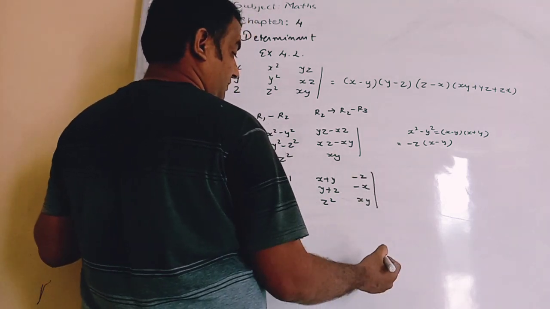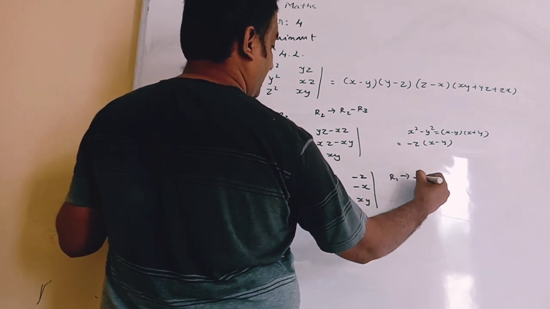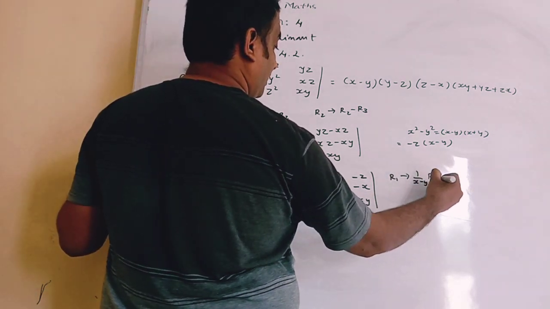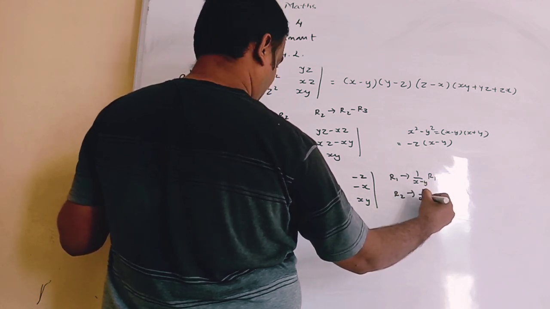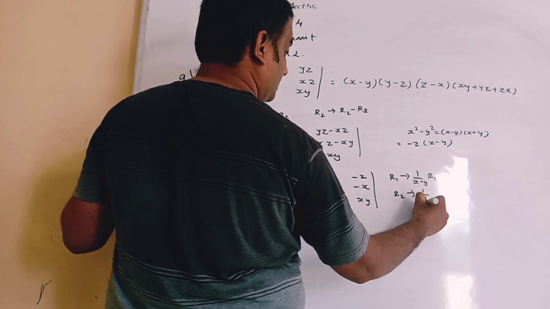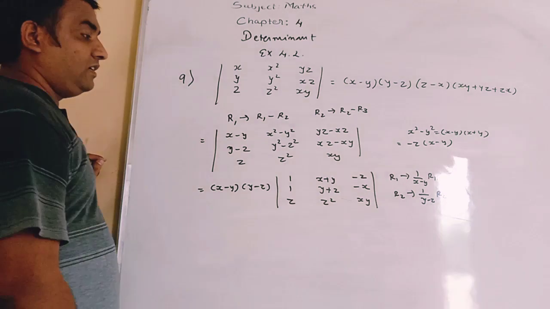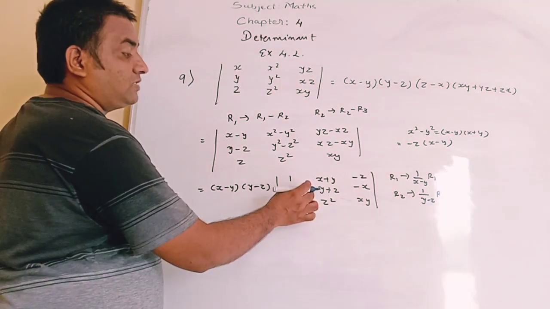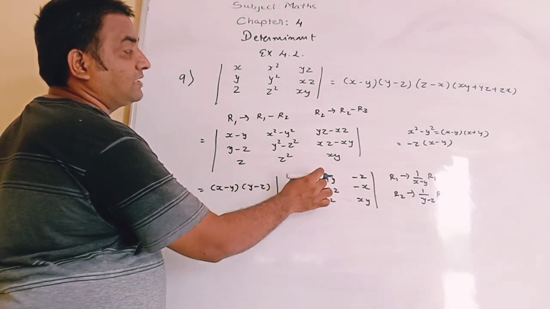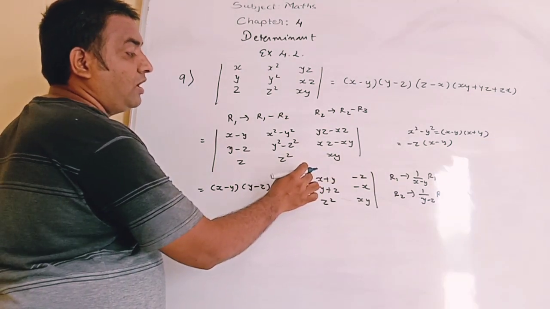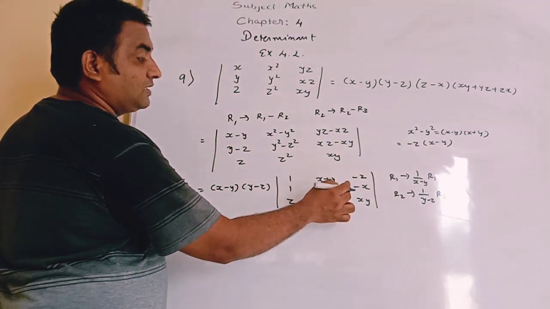And so here we will write R1 implies 1 by x minus y R1, R2 implies 1 by y minus z R2. Now again this row we subtract from this row, then we get z, y cancel, x minus z. Or this first row we subtract from the second row, then we get z minus x.